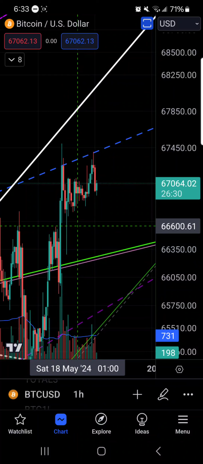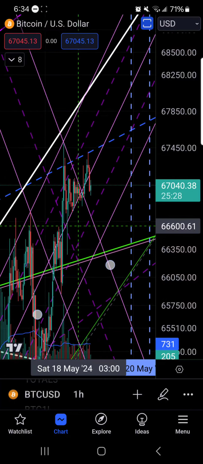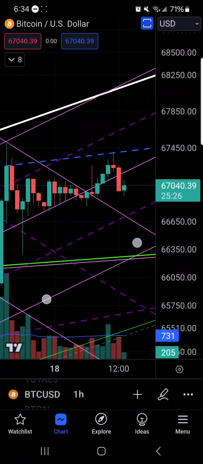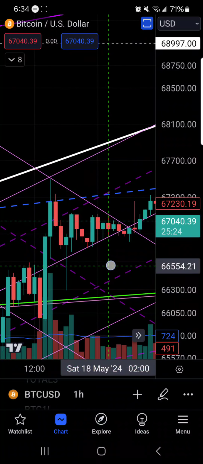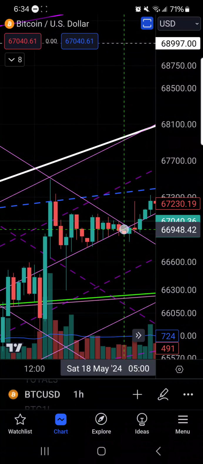And so let me turn on my other lines that I drew. Let me find them first. All right, so I've added these new pink channels to describe current price action, and there they are. Because I was considering what would happen here in this triangular pattern that we were forming.